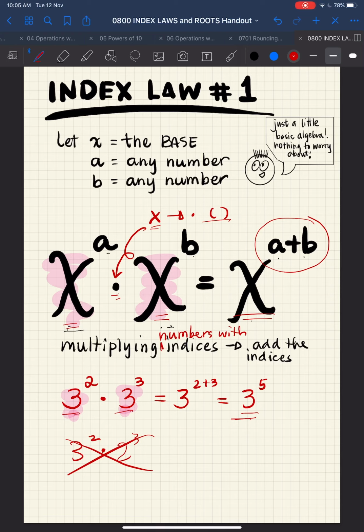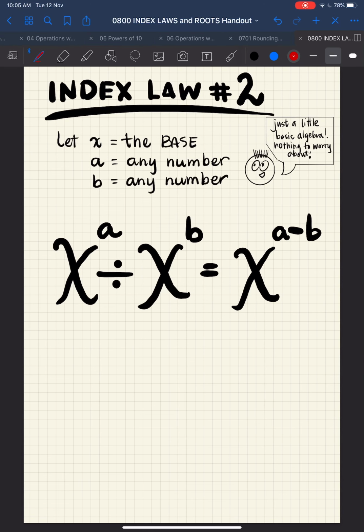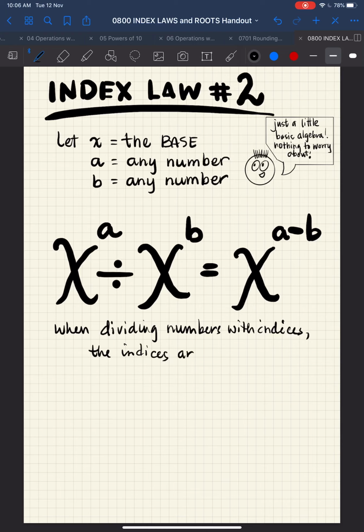Index law number 2, which says when dividing numbers with indices, the indices are subtracted.